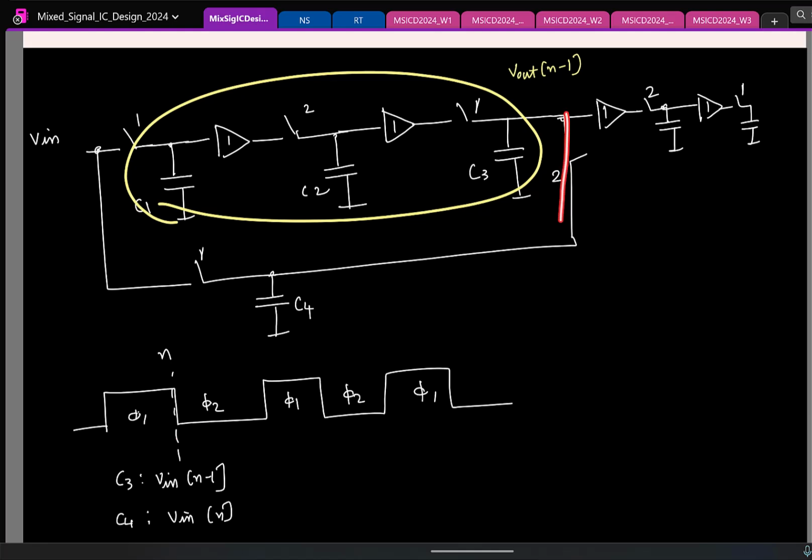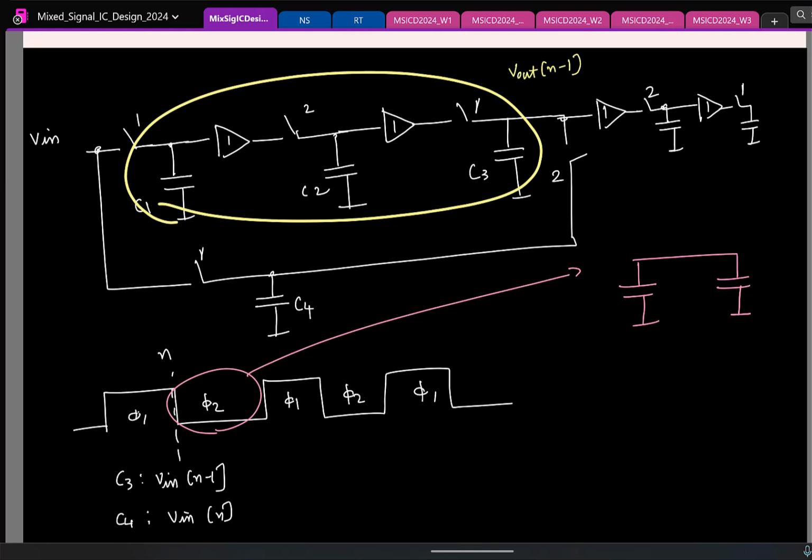In the clock phase phi 2, you are basically putting the two capacitors in parallel like this. In this clock phase, you have an equivalent circuit like this. C4 had an initial voltage of V in of n, and C3 had V in of n minus 1. And let us say for simplicity C3 is equal to C4.